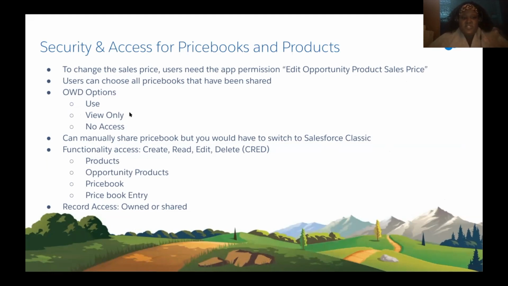View only, you can see it, but you cannot use it. And then no access means you cannot see it or use it. In order to have full access to the cloud applications, users must have the CRED access to the objects shown here: products, opportunity products, price books, and price book entry.